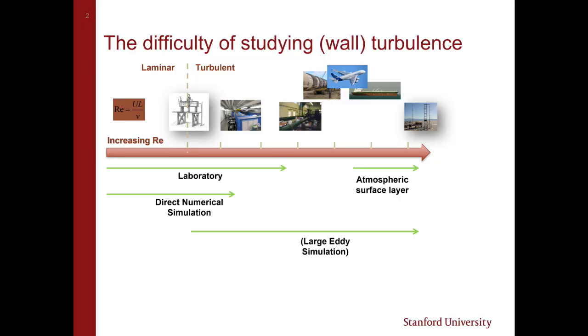I won't spend too long on it, apart from to point out that as you move towards the right on this plot, as you increase your Reynolds number, you're moving from the sort of things we see in the laboratory, this is a pressurized set up, the super pipe at Princeton. Now we're moving into the industrial realm and all the way out to the atmospheric boundary layer.